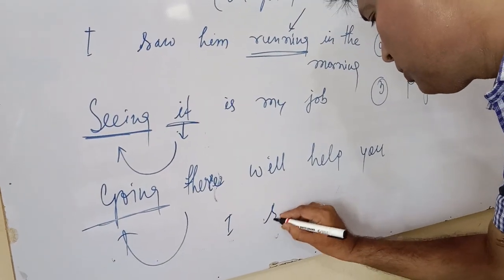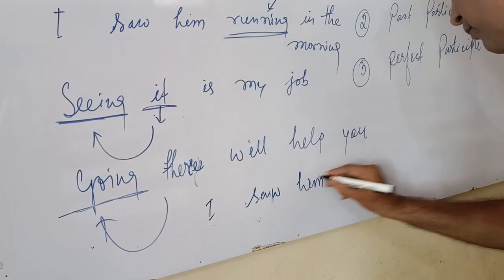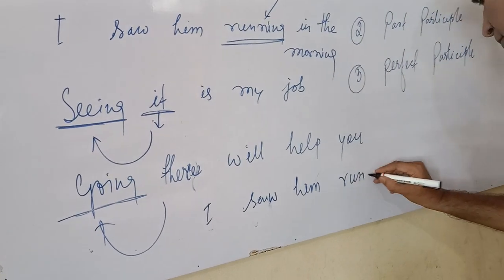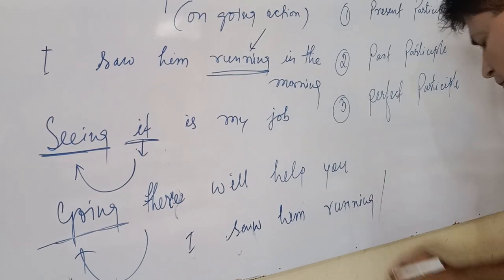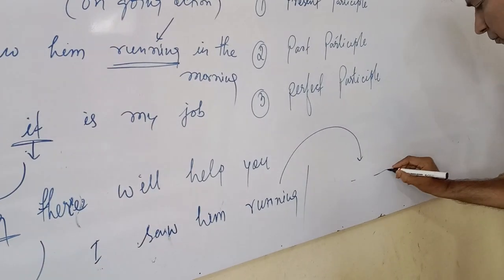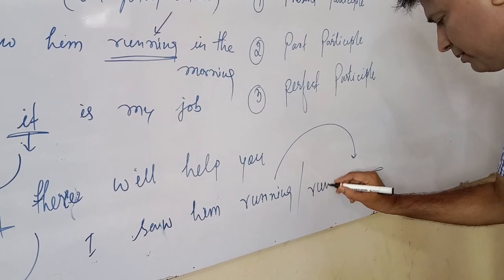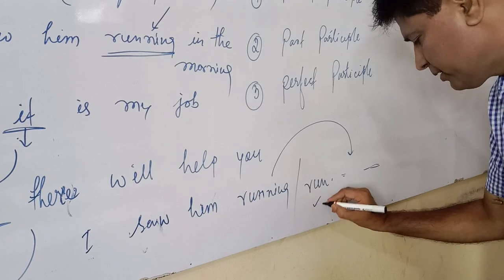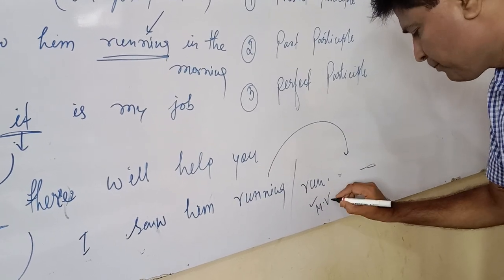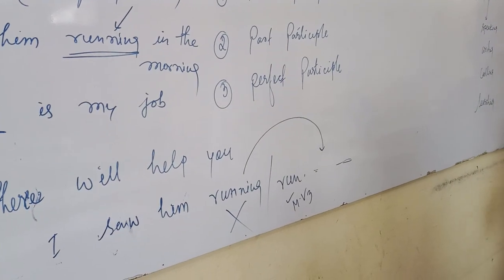I saw him running will be wrong for you if you write in present participle form of the verb. If you are not denoting the condition of a specific object, the sentence will be incorrect. In that sentence, you have to use run in V3 form of the verb. Running will be wrong, but run will be right.